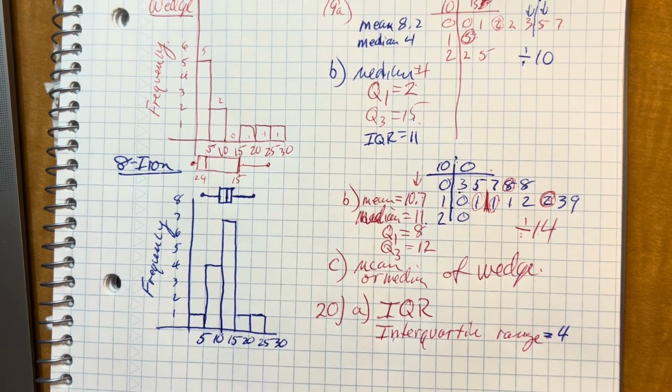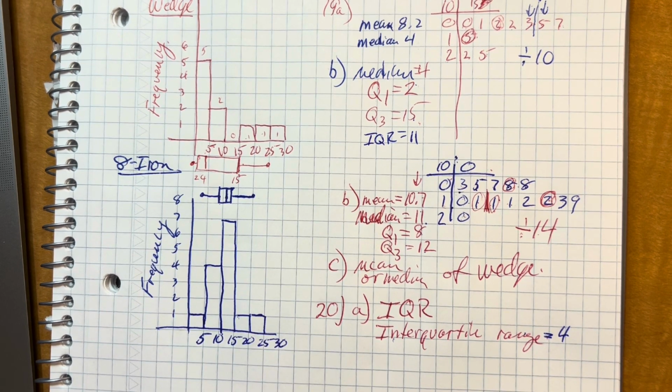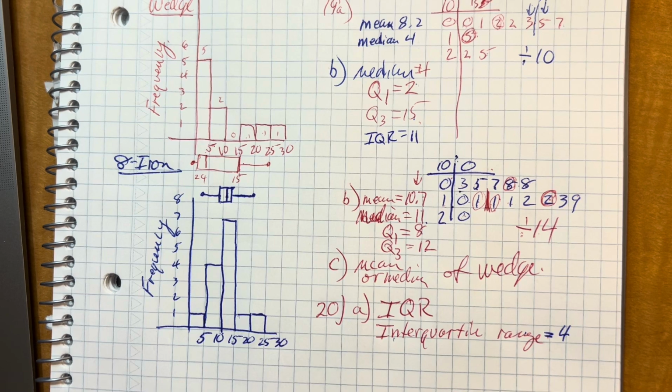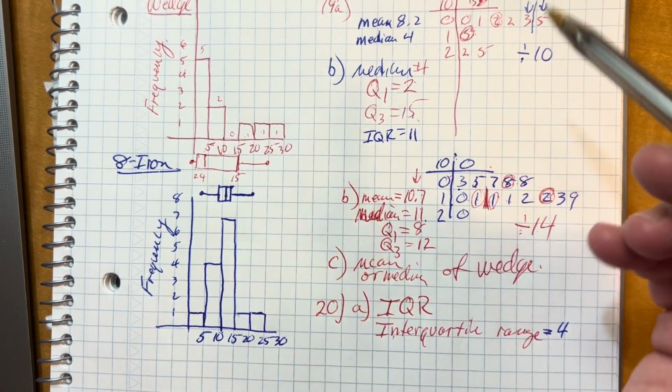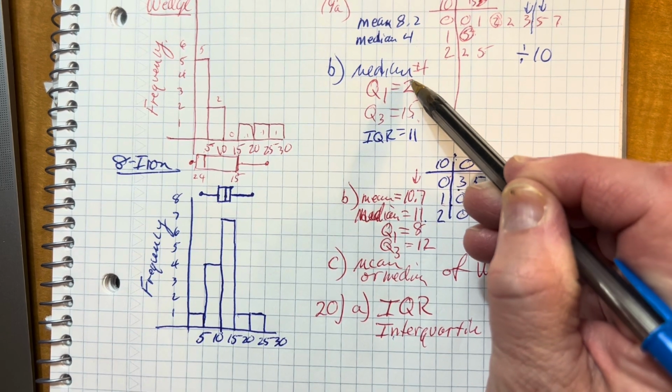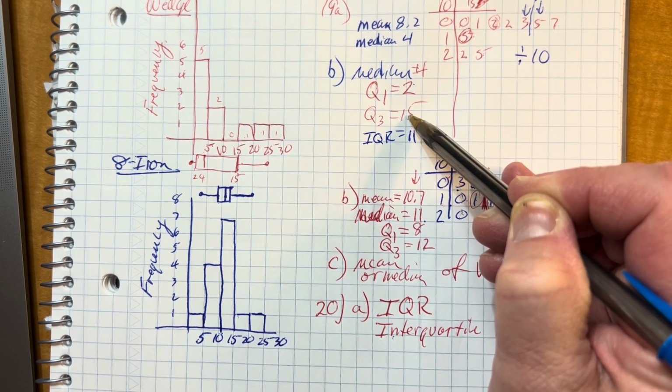So what does that mean? If Josh decided to use the wedge, what is a typical interval of distances from the hole he could expect the ball to land? Well, we would say it's between 2 and 15 yards.